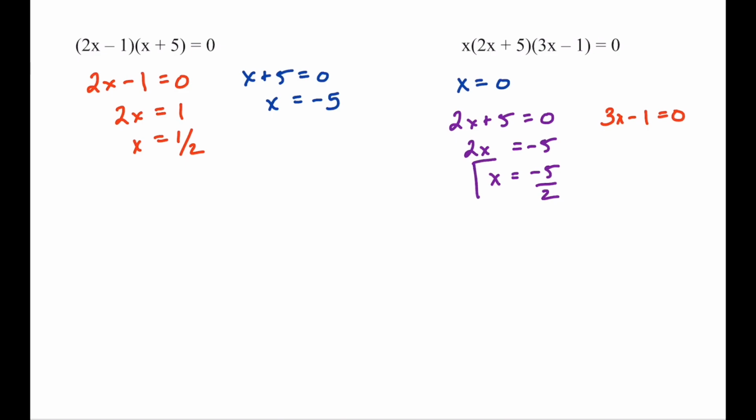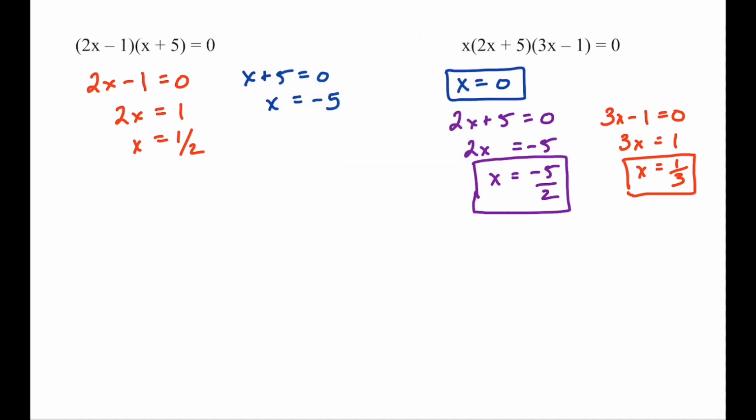So our second root is going to be negative 5 halves. Our final root is found by adding 1 to each side and then dividing by 3. So unlike the previous examples, this equation has three roots: three values of x that make the equation true: 0, -5/2, and 1/3.